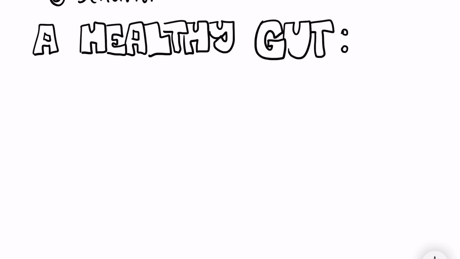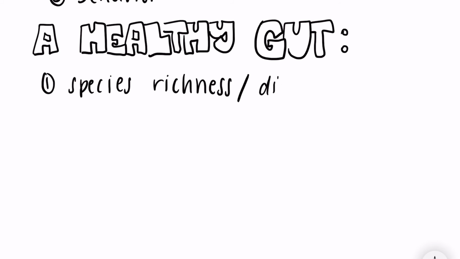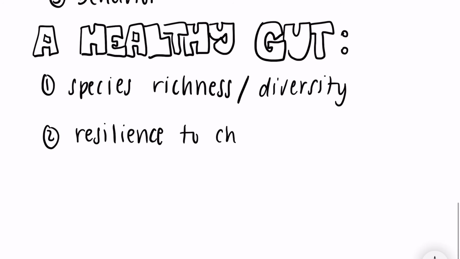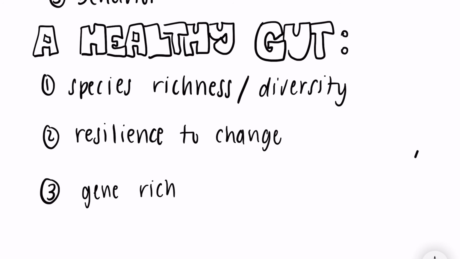Also, the resilience of change in the gut microbiota, or its ability to resist any treatments or imbalanced diets and recover to a stable state, can also determine the gut's healthiness. And finally, as we mentioned before, the gene richness, or the number of microbial genes in the gut, is also a good indicator of overall health.